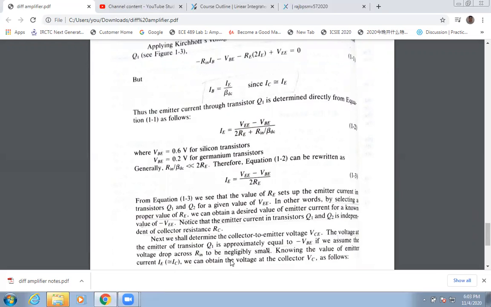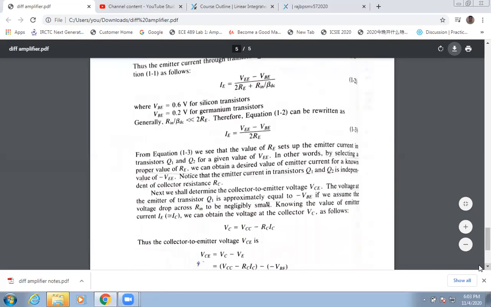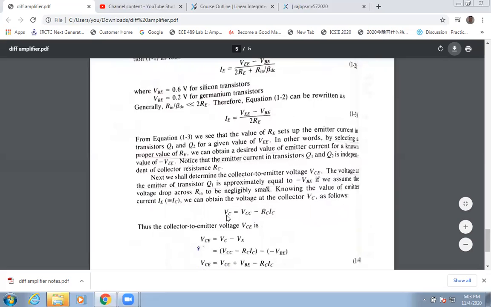Knowing the value of emitter current IE, which is approximately equal to IC, we can obtain the voltage at collector VC. VC is equal to VCC minus RC IC.